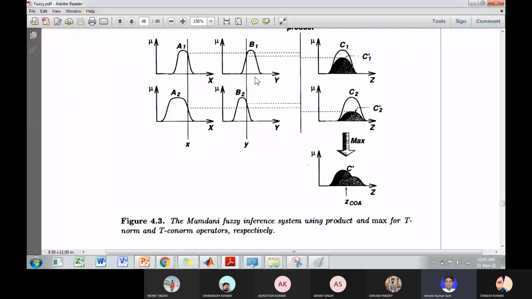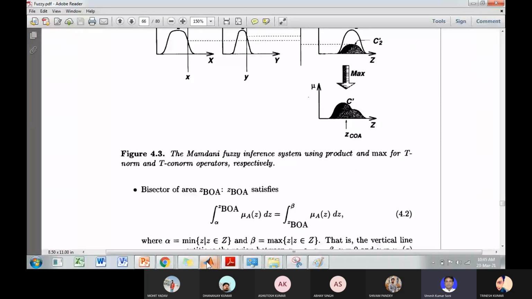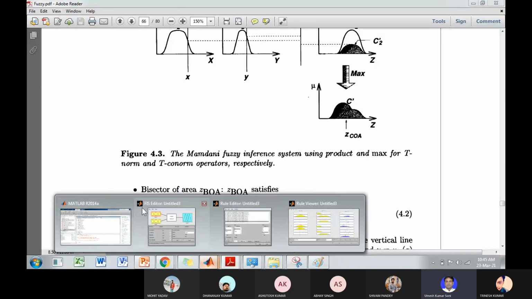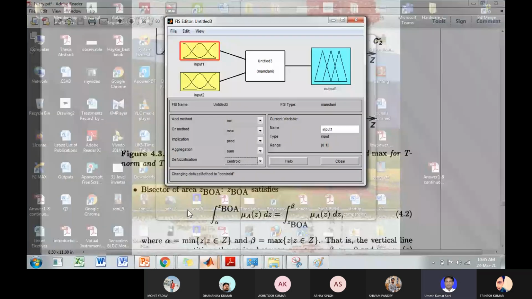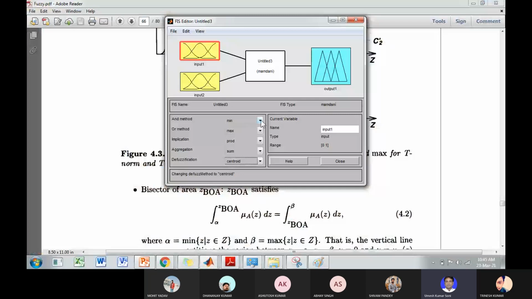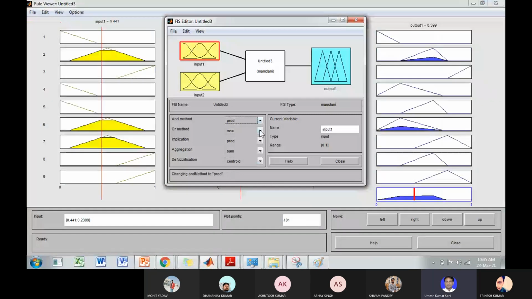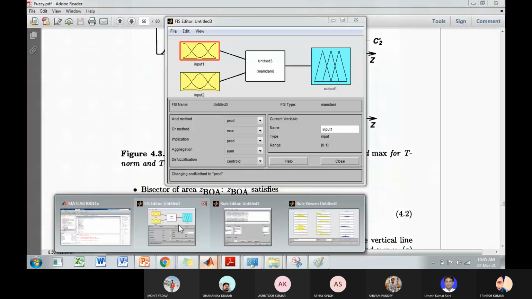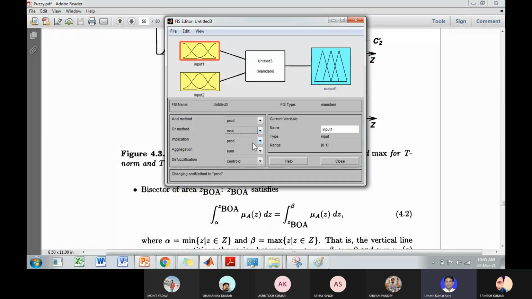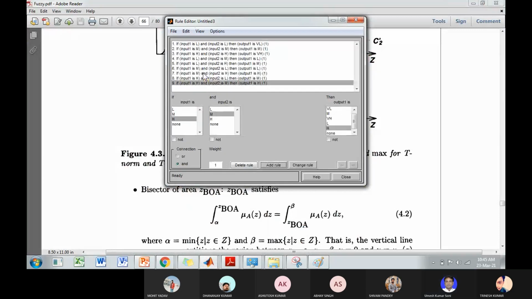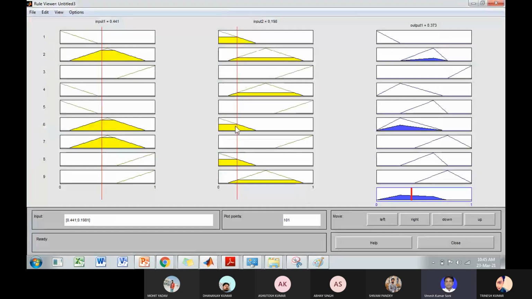So here when we define the AND operator as a product, and for T co-norm, max is taken. So max is taken for T co-norm. Then the fuzzy rules will be like this. Okay. So you can study this.